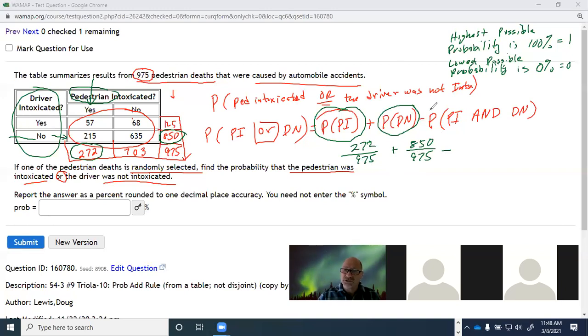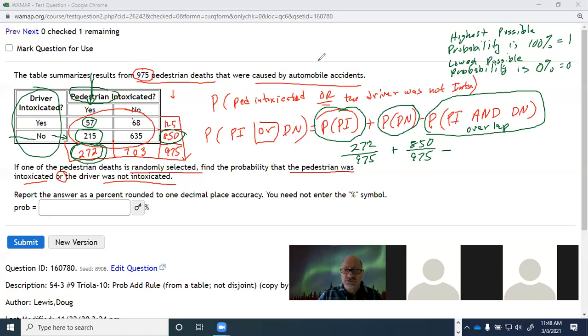So what you have to do is look at this and say, hey, this is called the overlap. The and is the overlap. In other words, look at the column for the pedestrians where we got that number, where we got 272 right here. What did it include? It included the 57 where the drivers were intoxicated, and included the 215 where the drivers were not intoxicated.